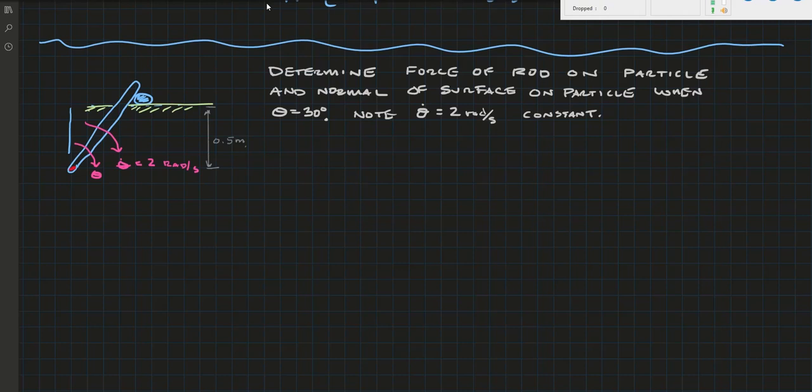So theta is in this direction, we'll define, and theta dot is 2 rad per second constant. And we want to find the normal force on this rod by the surface, the normal force on the ball from the surface, and the force by the rod on this ball.